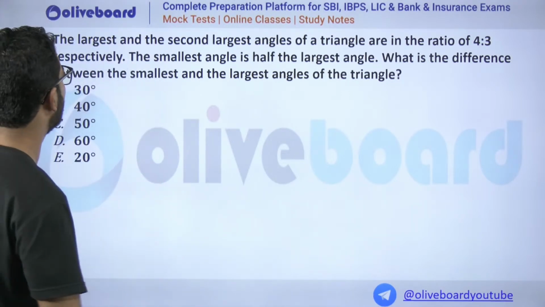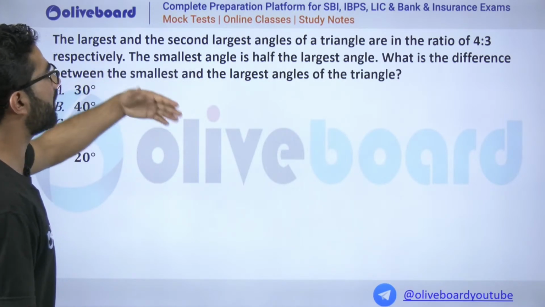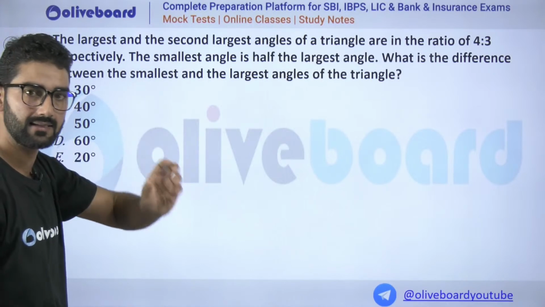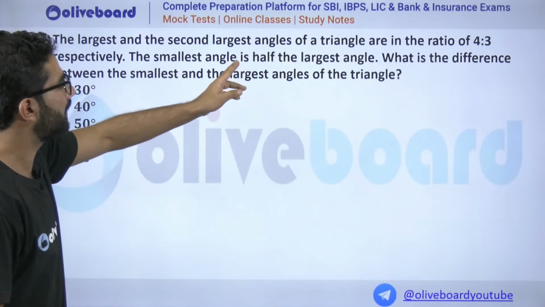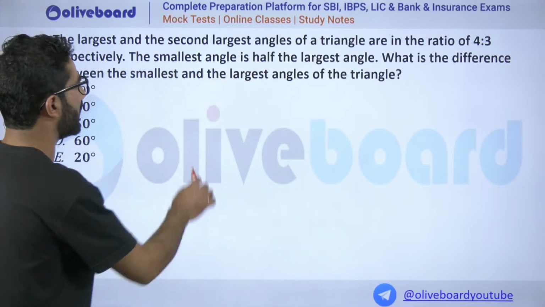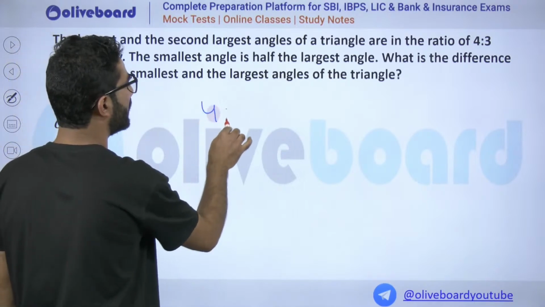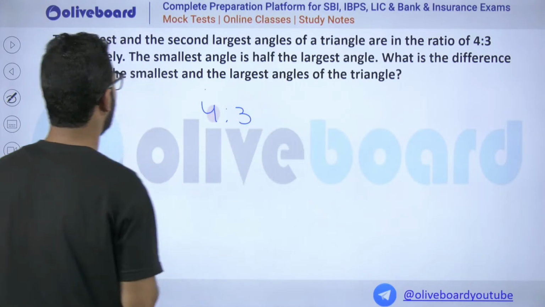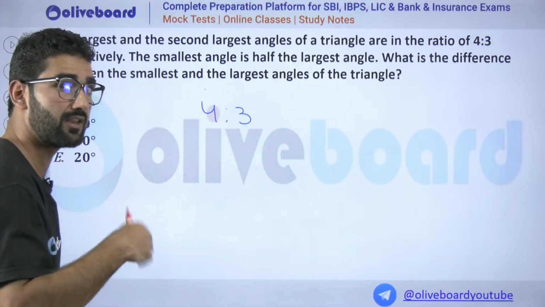Get the answer. Here is one more condition. The largest and second largest angles of a triangle are given in the ratio 4:3. But there is one more angle now. Three angles are there.